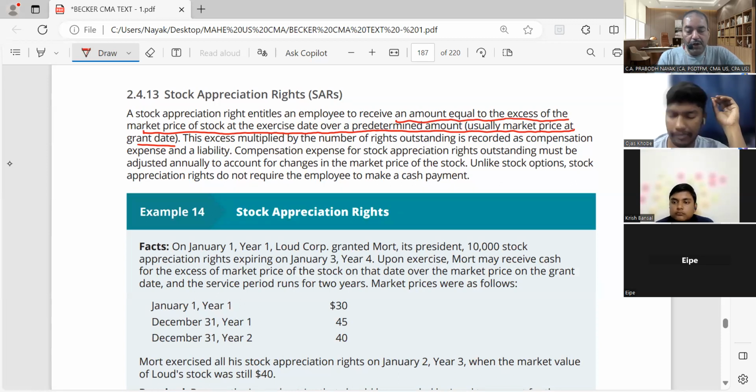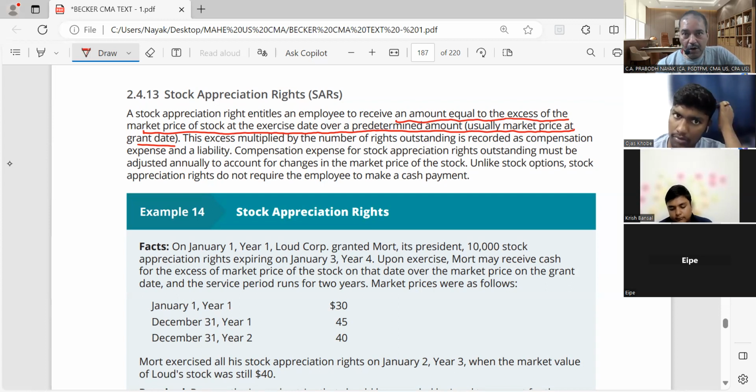So understood the difference between a purchase plan or an option plan and SARs. No shares are given in SARs, you are given only the difference in cash. The excess multiplied by the number of rights outstanding is recorded as compensation expense and a liability.